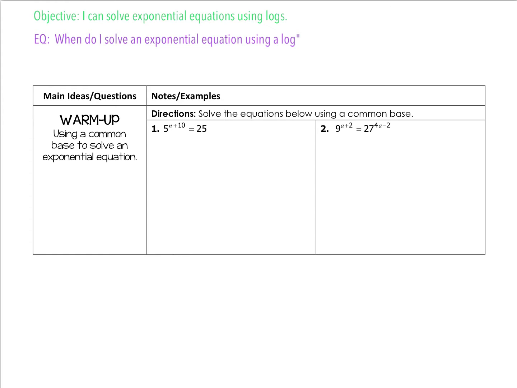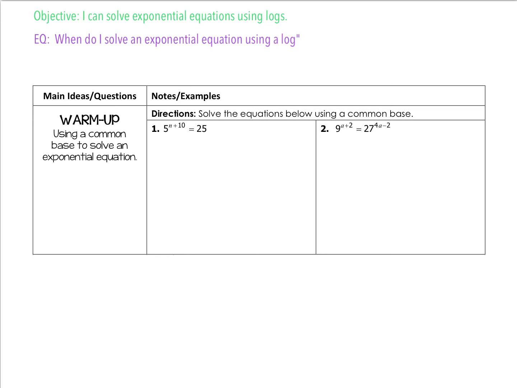So we're going to do a quick review of when we have solved exponential equations. We are going to use the idea, if you remember, of having a common base to solve these exponential equations. When I look at number 1, I see I have 5 to the n plus 10 equals 25. In order to set the exponents equal to each other, they have to have a common base.